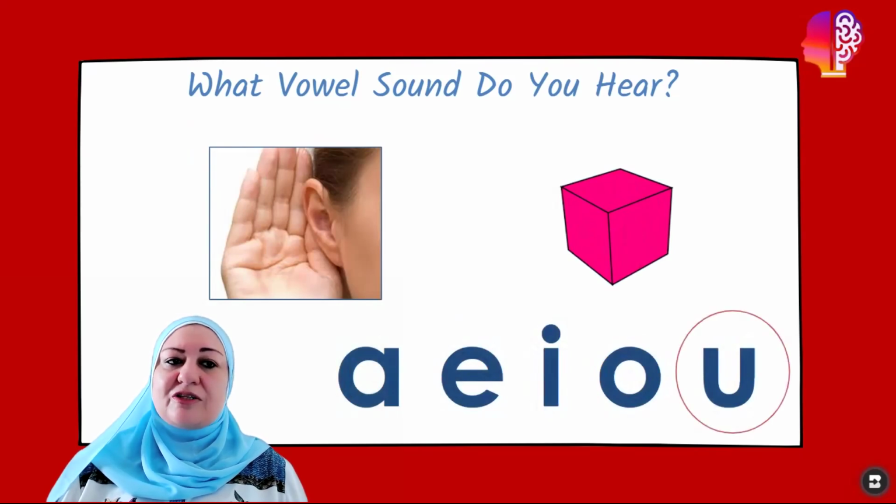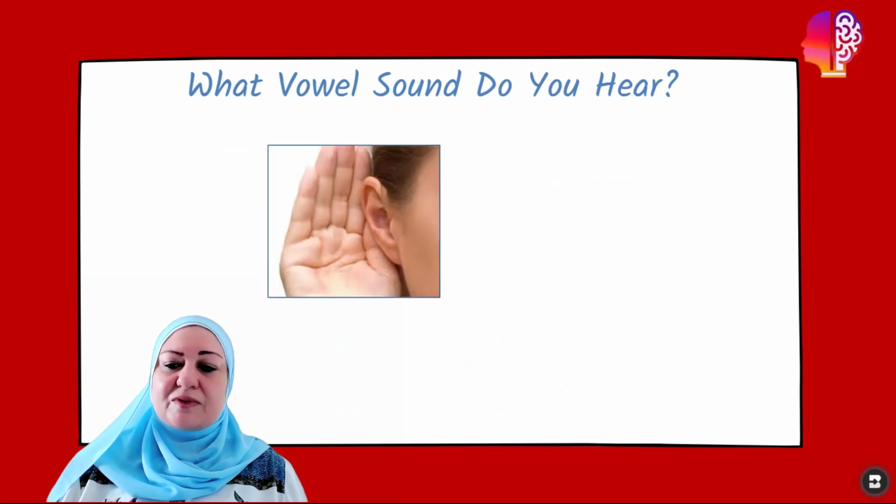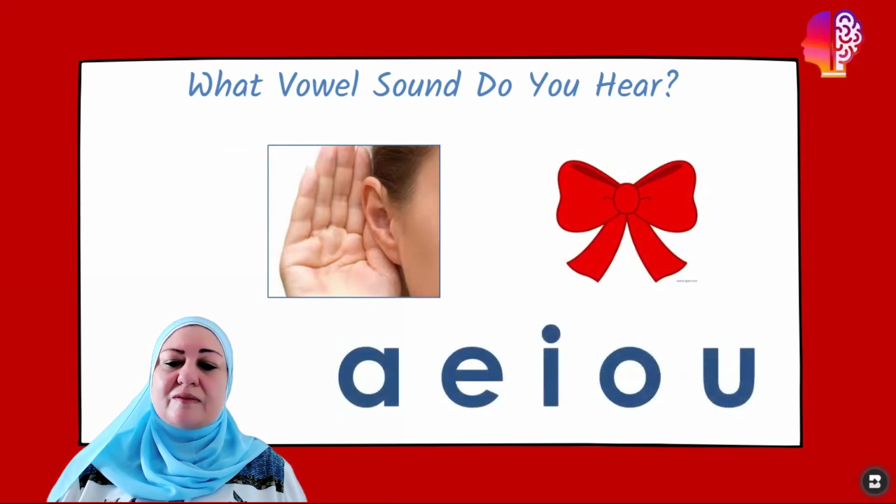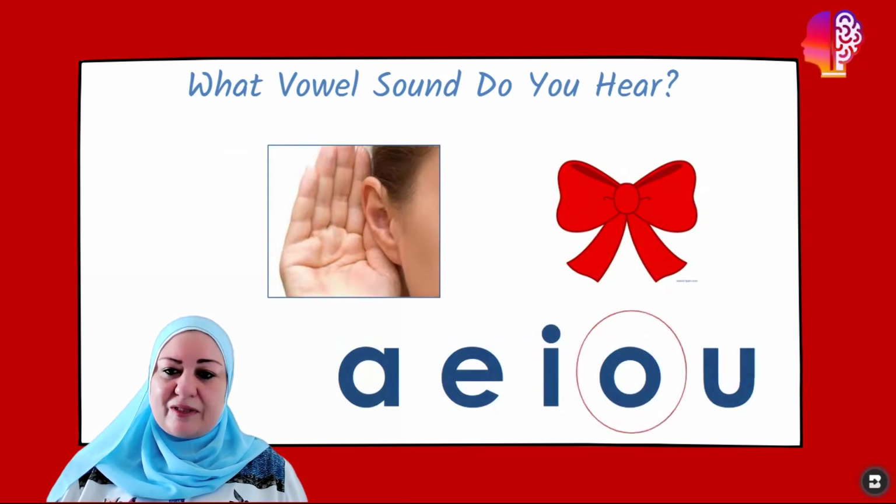Okay, you hear the long U sound in the middle of the word cube. What vowel sound do you hear at the end of the word bow? Okay, you hear the long O sound at the end of the word bow.